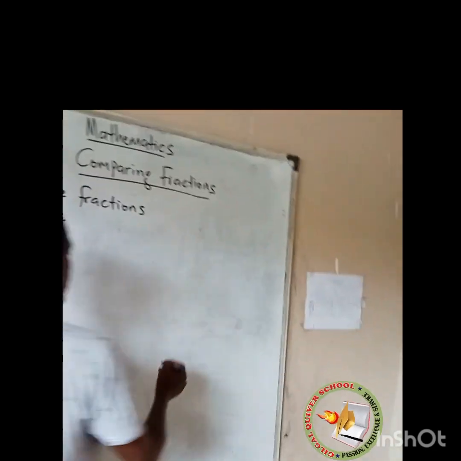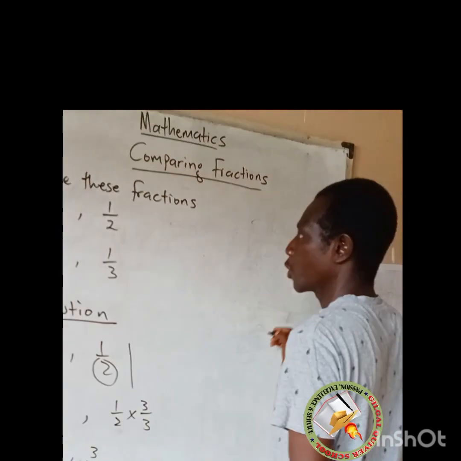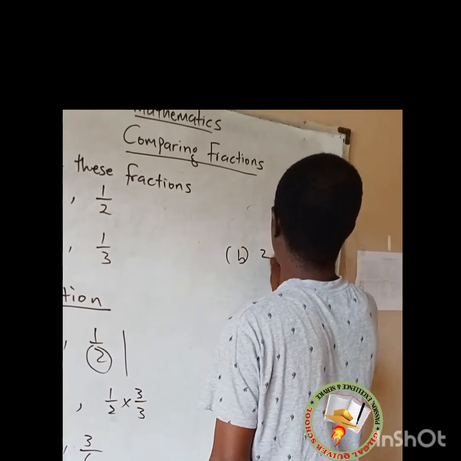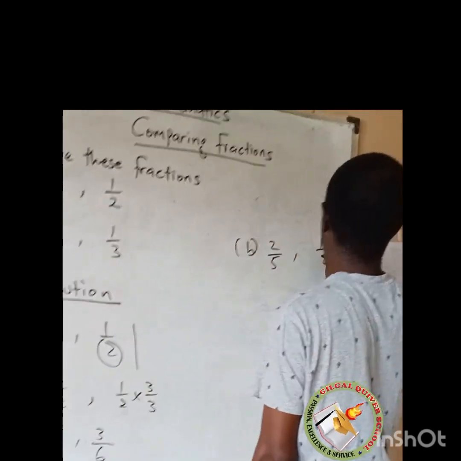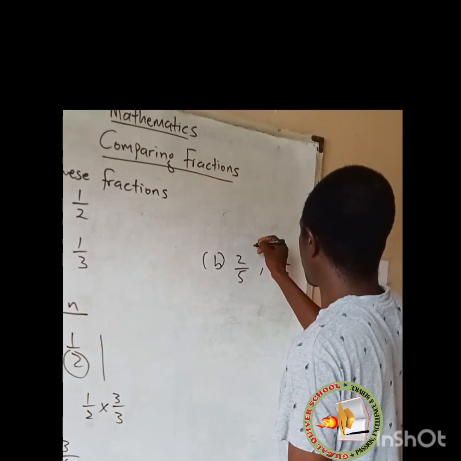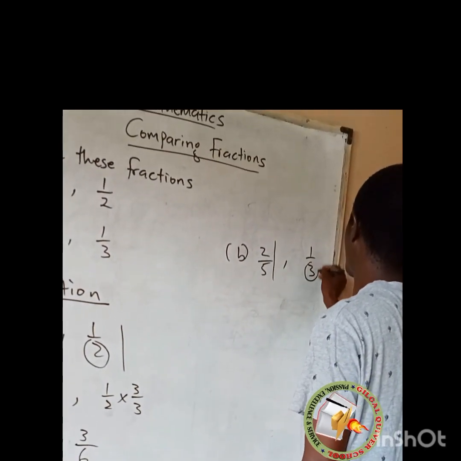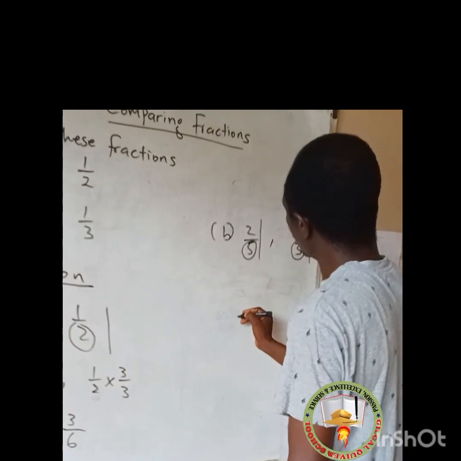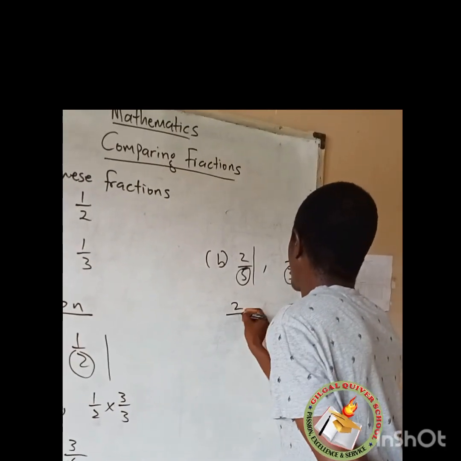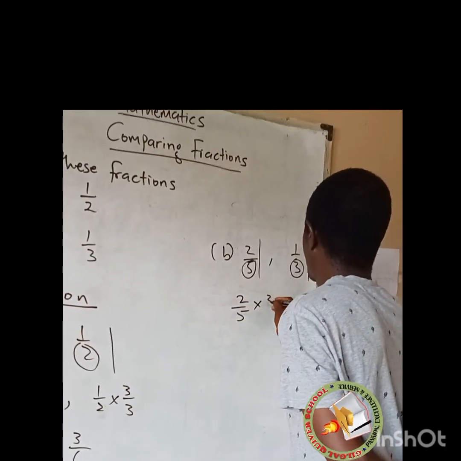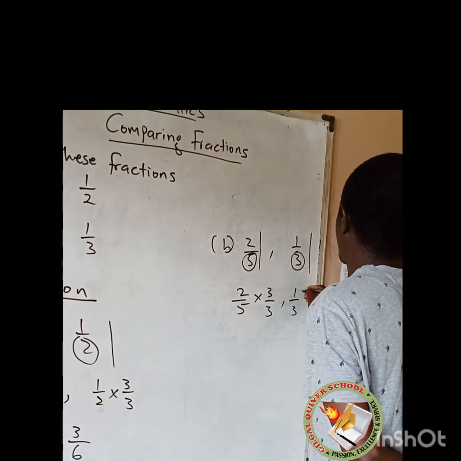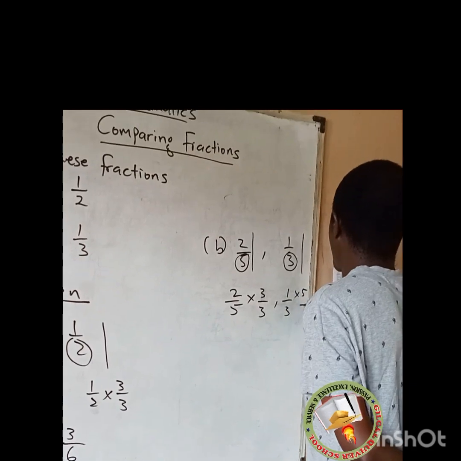So the second example here, you have 2 over 5 and 1 over 3. So multiply the first fraction by the denominator of the second fraction, multiply the second fraction by the denominator of the first fraction. So you have 2 over 5 multiplied by 3 over 3, compared with 1 over 3 multiplied by 5 over 5.